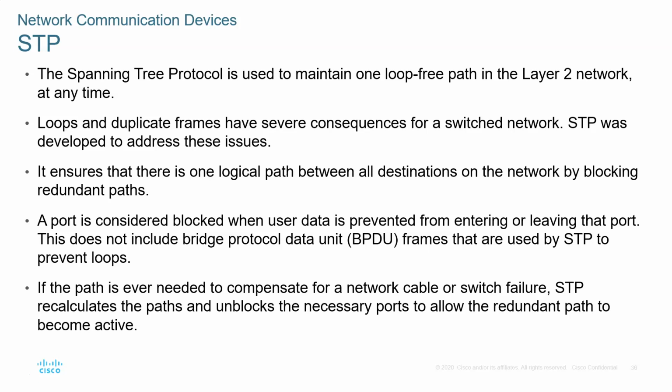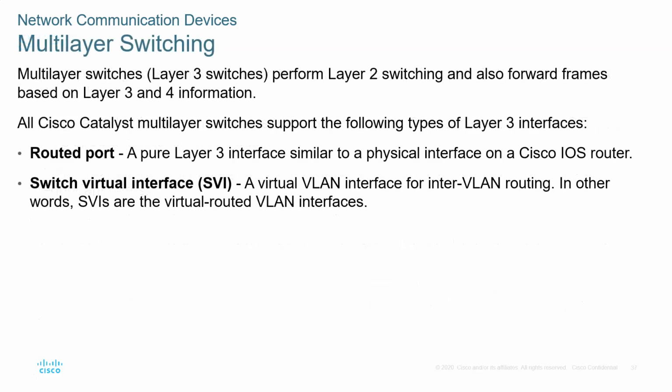But STP has to be running, because if you just run two links together, because of the broadcasting that the switches do, you are going to have looping. Frames will loop around and nobody will be able to communicate. So STP will make sure that the data does not loop when you have more than one link attached between switches. Okay?